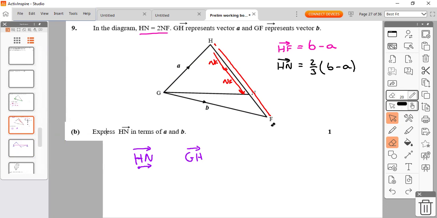We might not have everything we need to know about the direct HF. We might have more data about H to G and then G to F that allows us to figure out where F is. So it's just a point. So those different points that are labelled are just different positions in space.